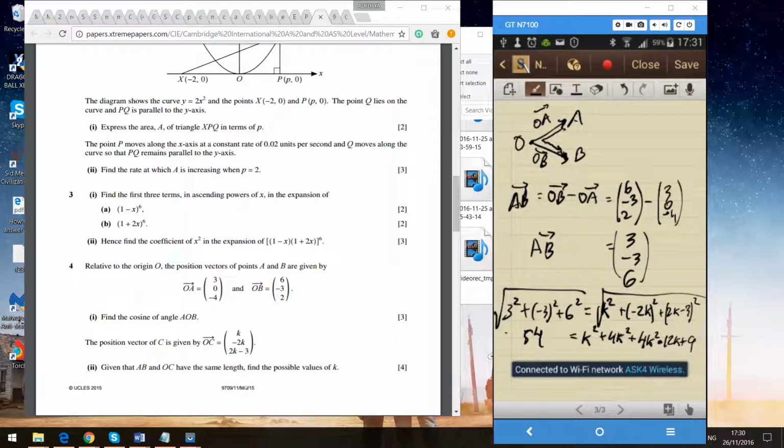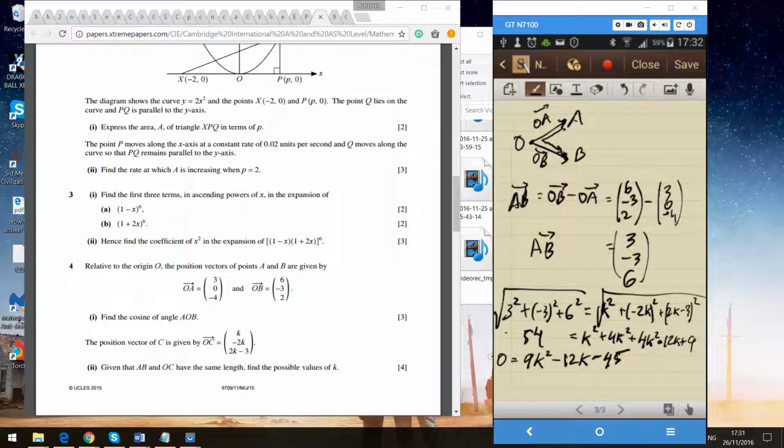Rearranging this to equal 0, 9k squared minus 12k minus 6k plus 9 minus 54, and that gives minus 45. Should be right.